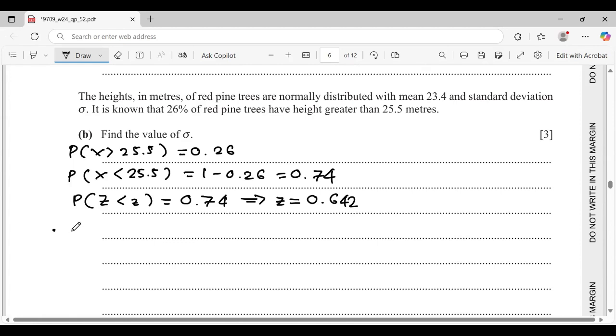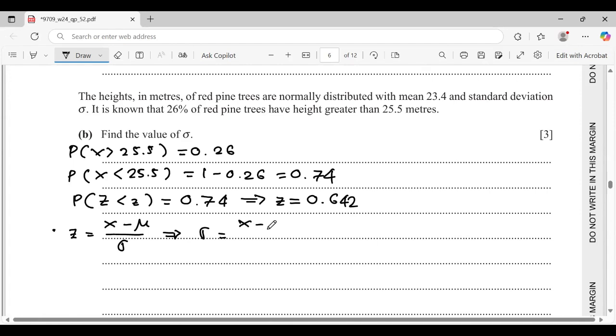For the z-score formula, z equals x minus mu over sigma. If we are going to find the standard deviation, sigma, we can rearrange this formula.